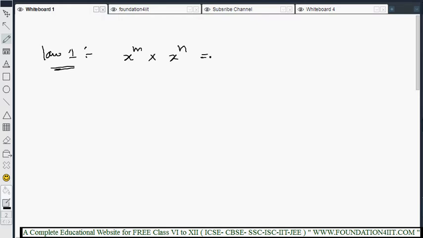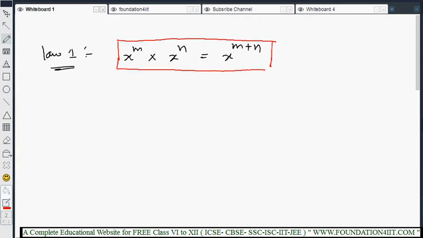If both are exponential forms and I want to multiply, the base is the same, so x to the power m plus n. This is the first law: x to the power m into x to the power n is equal to x to the power m plus n. Whenever the bases are the same, we can just add the powers m and n.